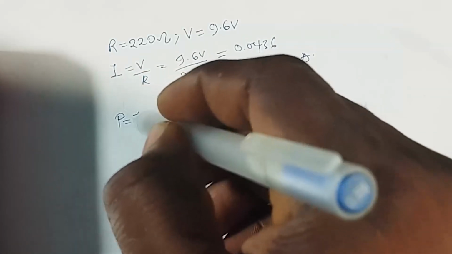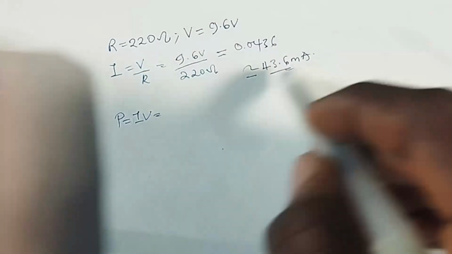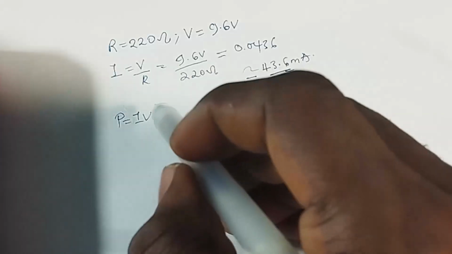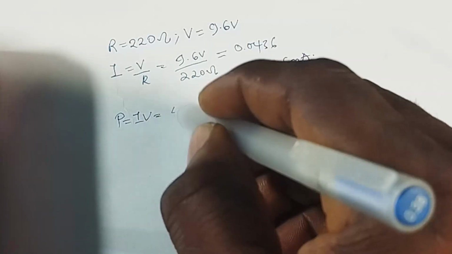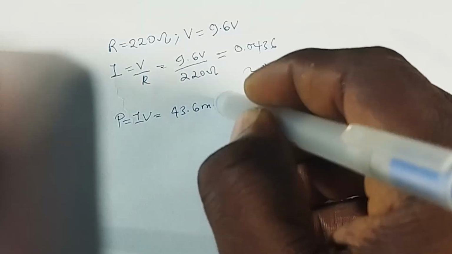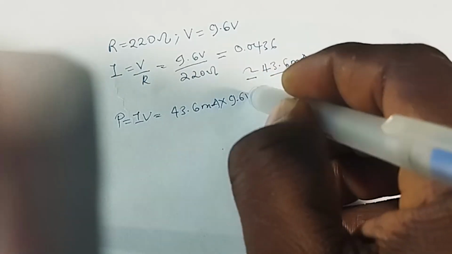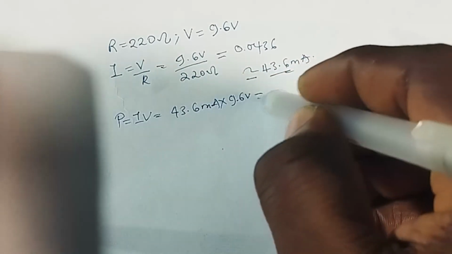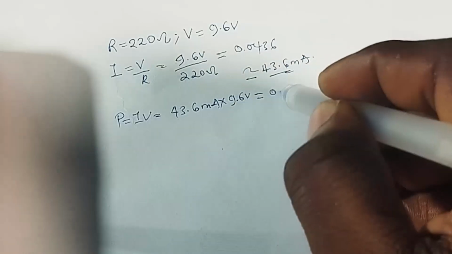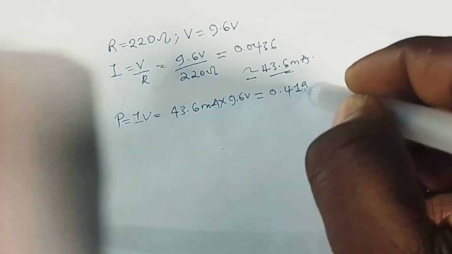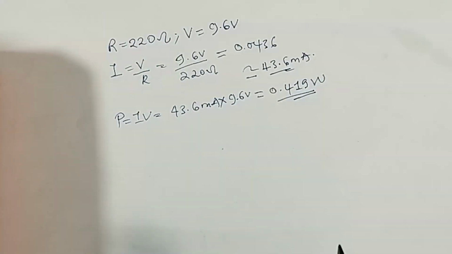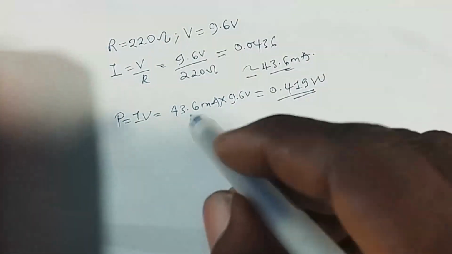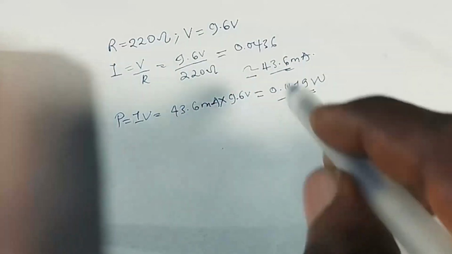All right, if that is the case, how much power would be dissipated by our resistor? We have power equal to IV. So if this current is going through the resistor and we have this voltage across that resistor, it means we're going to have 43.6 milliamps times 9.6 volts, which would give us 0.419 watts. Okay, so if we look at this critically, we know that the resistor is going to dissipate this much power.